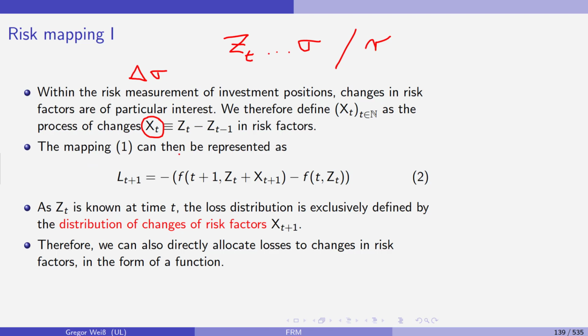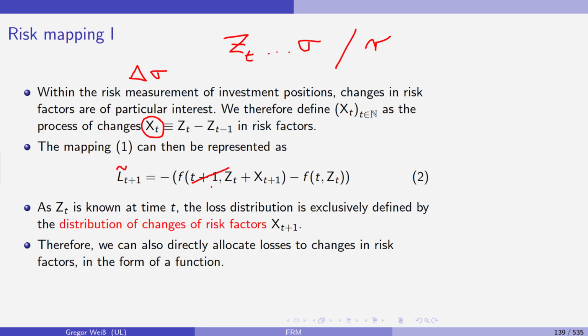And the mapping we've seen in equation 1 can then simply be written as the loss, this is stochastic, remember, the loss tomorrow is given as a function, the risk mapping, tomorrow, risk factors known today, they are deterministic, plus the change in the risk factor minus today's value.